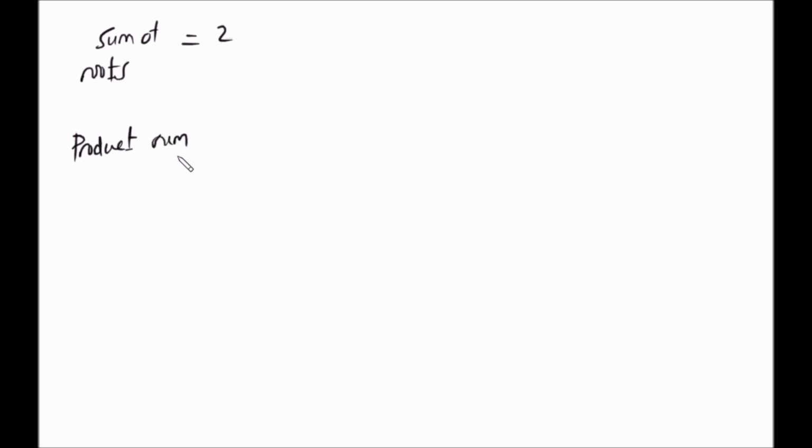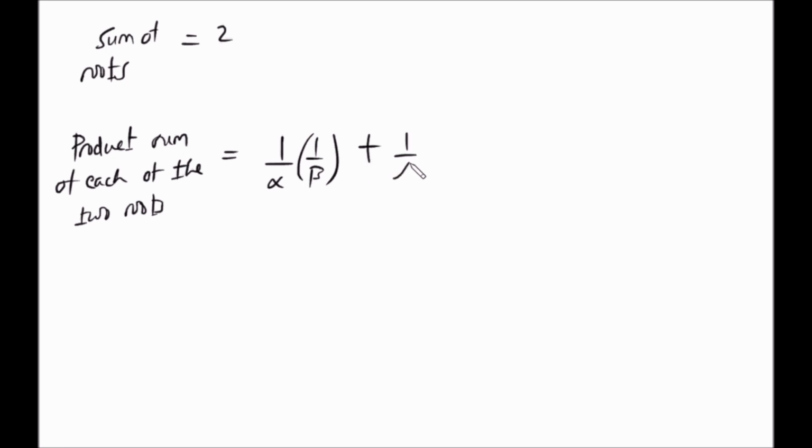Tunakumbuka ile product sum of each of the two roots. Kwa tutakuwa tuna 1/alpha times 1/beta jumlisha 1/alpha times 1/gamma jumlisha 1/beta times 1/gamma.